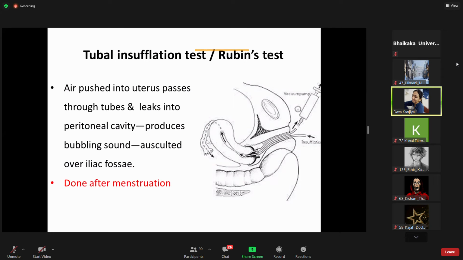Then the bubbling sounds are auscultated over both iliac fossae. If both uterine tubes are patent, the sound is heard; if the sound is absent, that means there is a blockage either in the uterine cavity or in the uterine tube. This test is known as Rubin's test or tubal insufflation test, and it is done immediately after menstruation.